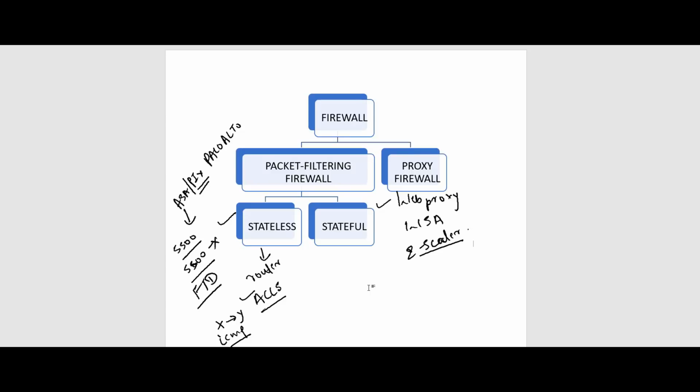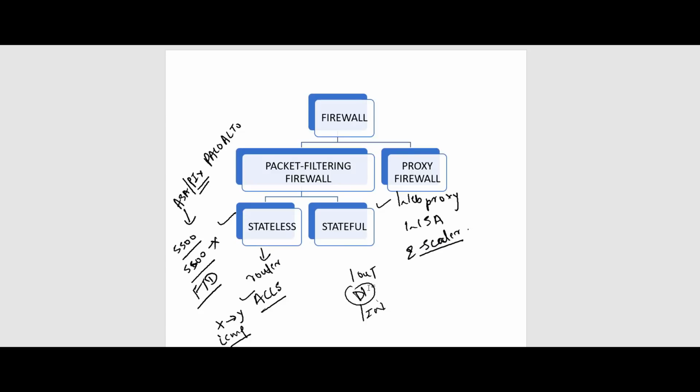Now, if we talk about stateful firewall, it is a firewall that maintains the state of the connection. For example, whenever traffic is flowing, let's suppose there is an ASA, and this is the inside network and this is the outside network.